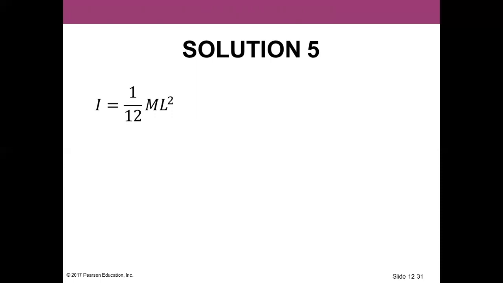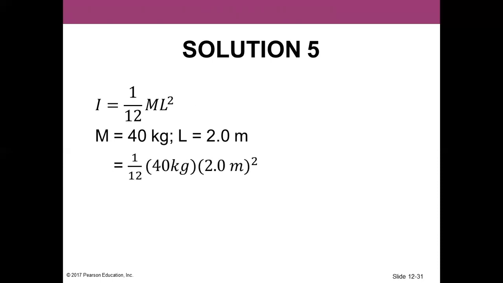So we have I equal to 1/12 ml squared. The mass is 40 kg, L is 2.0 meter. We substitute into the formula, punch the calculator, and we get the answer 13.3 kg meter squared.